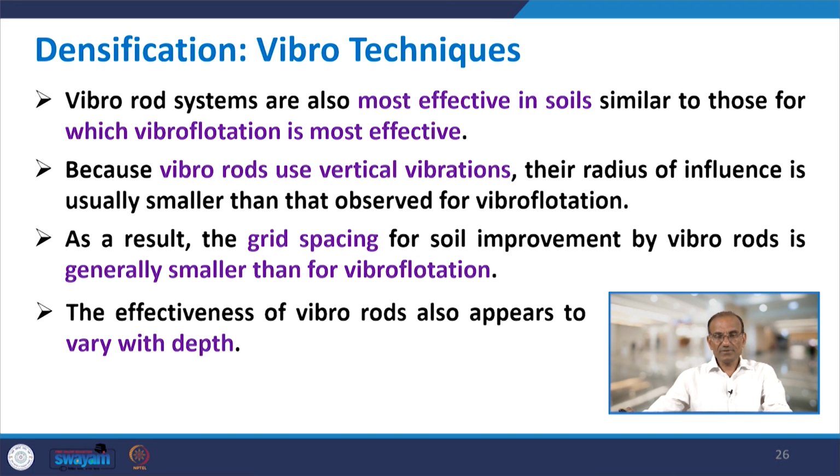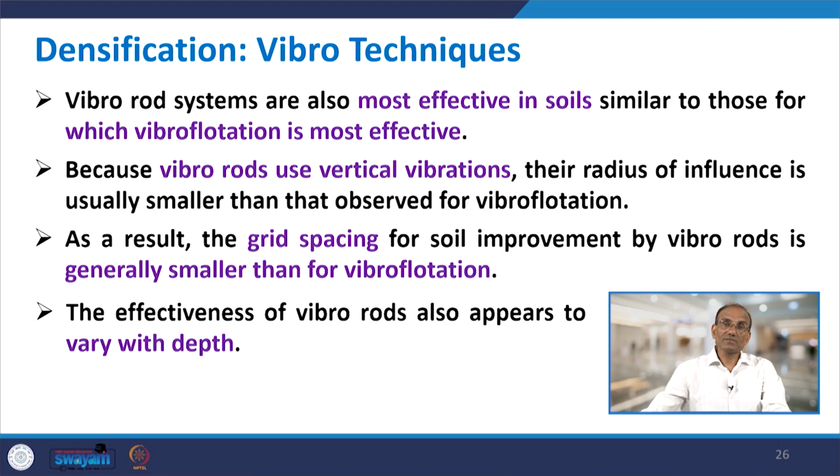Continuing with vibro techniques, that is vibro rod. Vibro rod systems are also most effective in soils similar to those for which vibro flotation is most effective. That means if you have loose granular soils, then these techniques are going to be most effective, but in cohesive soils they are not going to be so effective. Because vibro rods use vertical vibration, their radius of influence is usually smaller than that observed for vibro flotation.